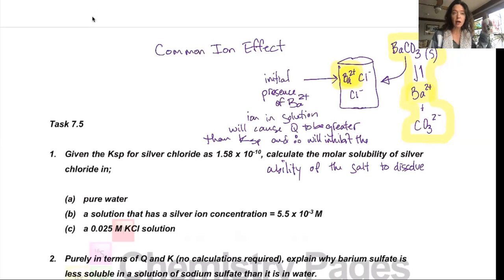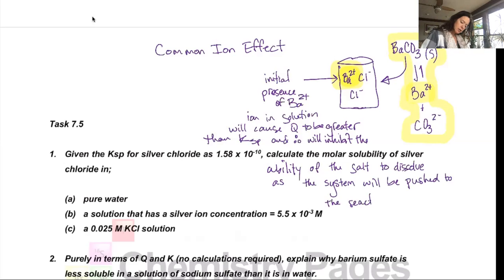There's already too many ions. I could say the system will be pushed to the left, or reactants. Hopefully you understand that, all right?